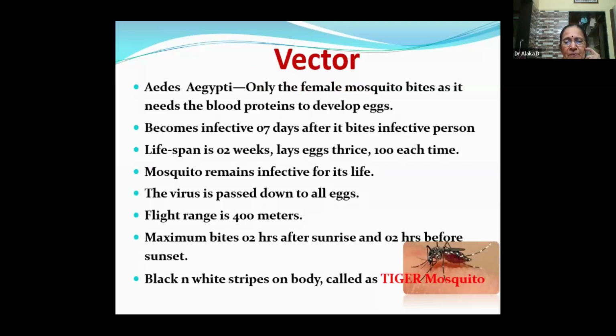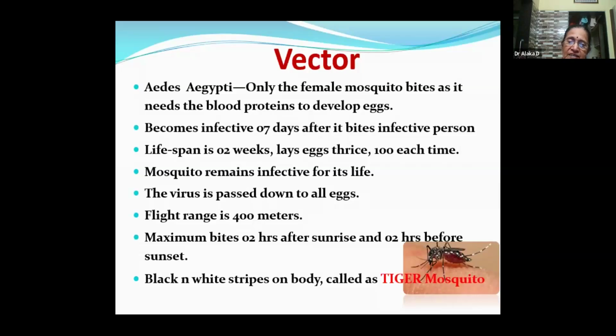Not mosquito, but of the whole cycle. In these 2 weeks, the infected mosquito, there is a reproduction going on. I'll show to you in the next slide. It lays eggs thrice and 100 eggs are laid each time. So see the breeding rate of Aedes aegypti.